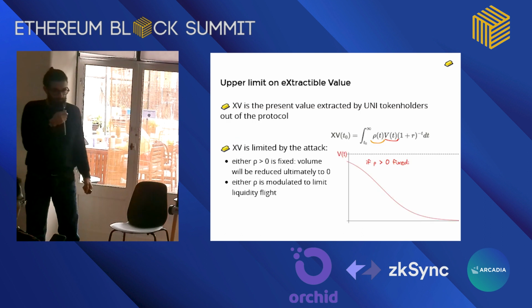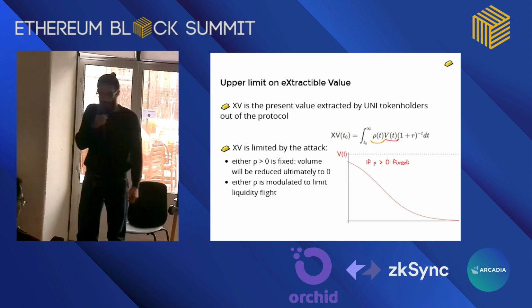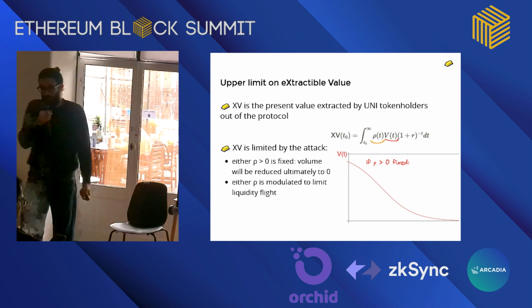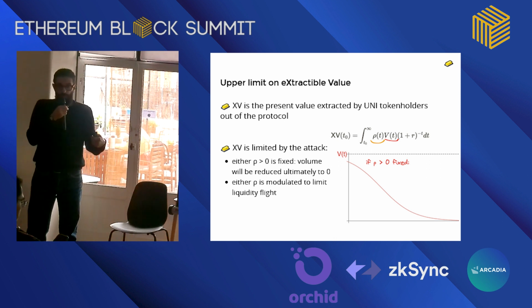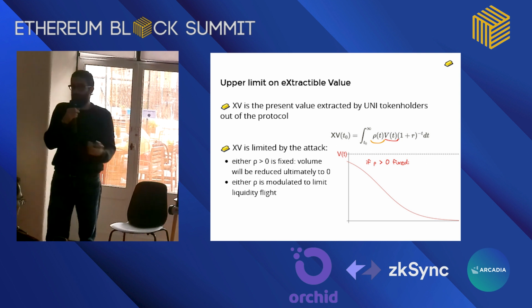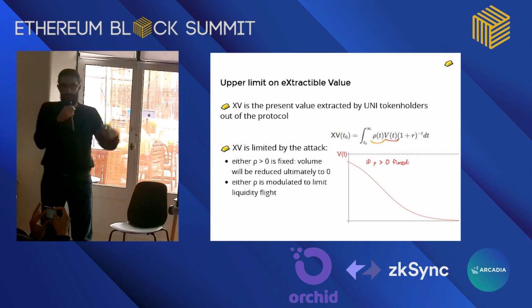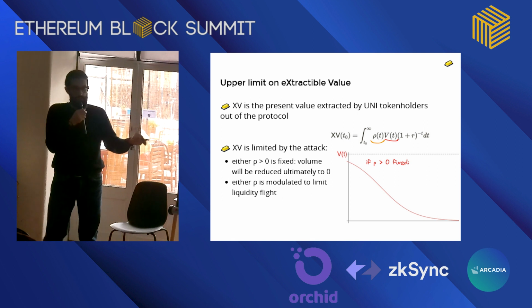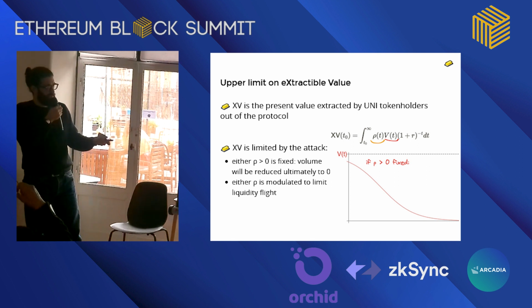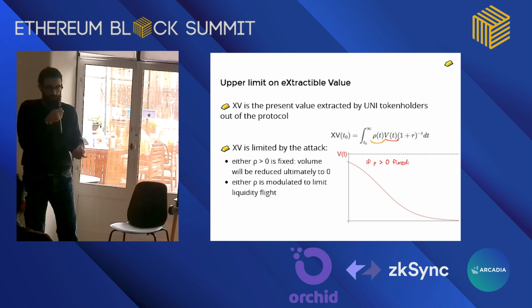And conclusions. So the point that we're really trying to make is that unit token holders with the fee are extracting value out of the protocol. This is what I've shown before, like there's an arrow which goes out of the AMM. And this value can be, sorry, it's a bit barbaric, but that's just a present value of how much the unit token holder would gain from such a protocol fee.